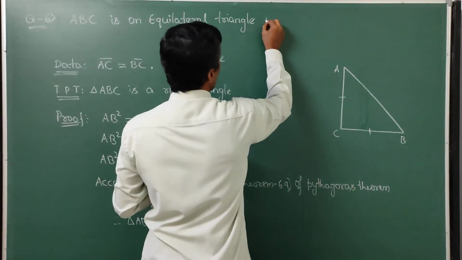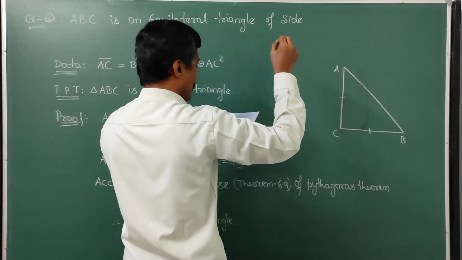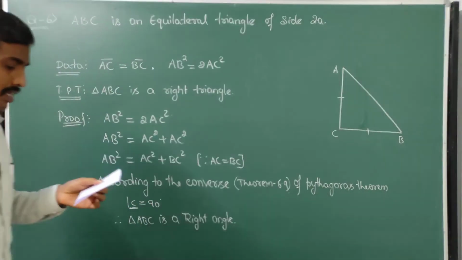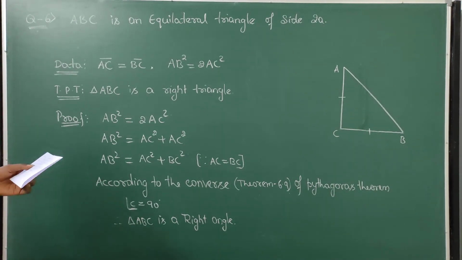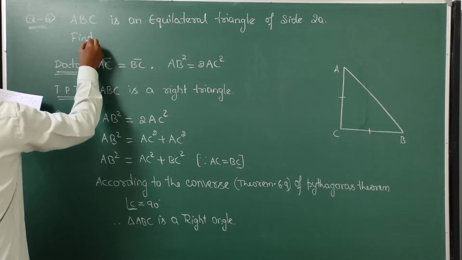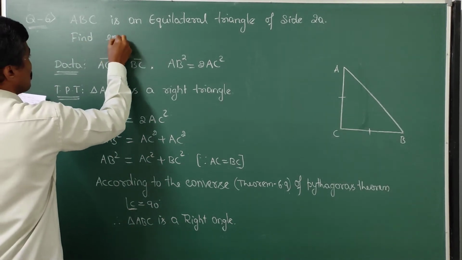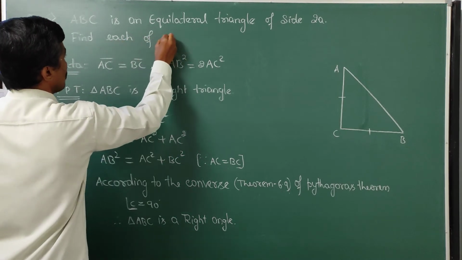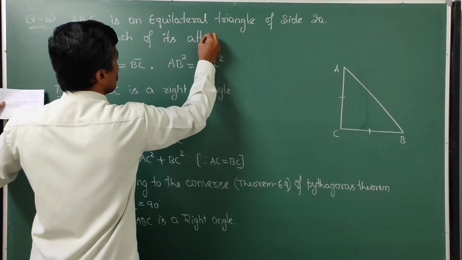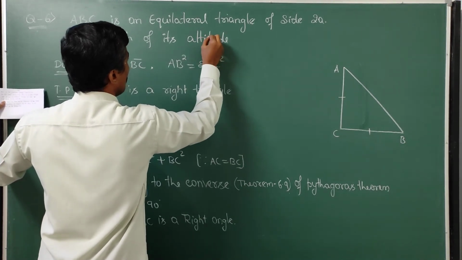Triangle of side 2a. So the length of each side of the triangle is 2a units. Find each of its altitudes.